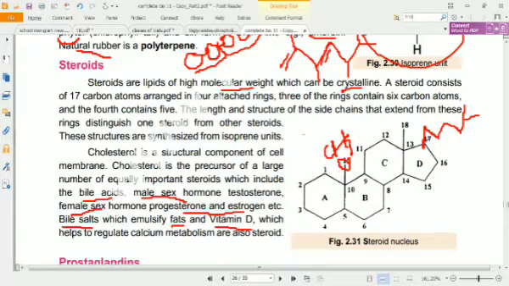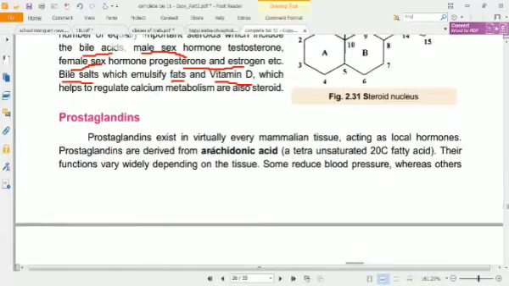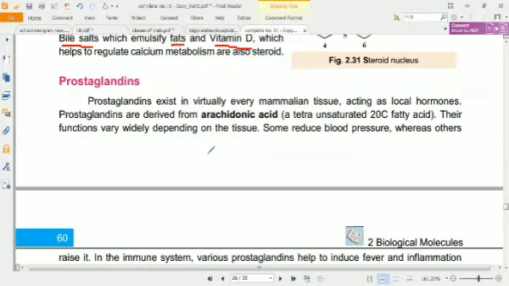And this is the specification of cholesterol, that the long chain of carbon is attached at carbon number 17. Cholesterol is very important as a structural component of the cell membrane because it gives buoyancy and fluidity, and it gives strength to the cell membrane as well.